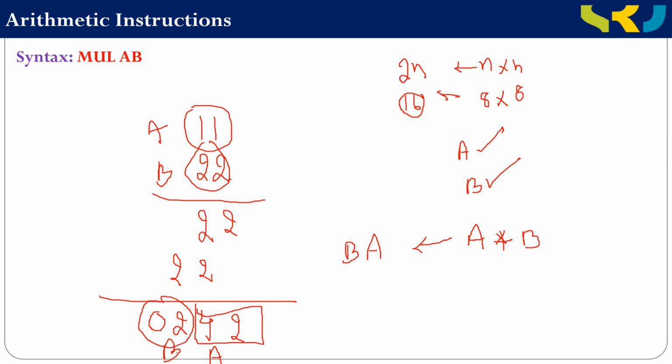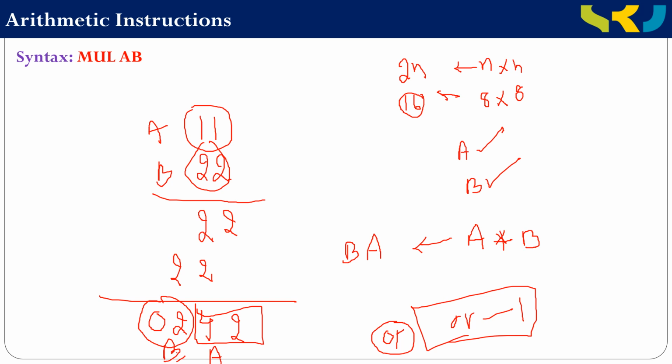So this is the operation of the multiplication instruction MUL AB. After execution of the MUL instruction, only the overflow flag will be affected, and this overflow flag depends on the B register value. If the B register is having a non-zero product, then the overflow flag is equal to 1.